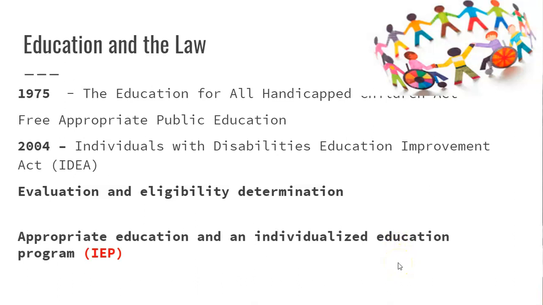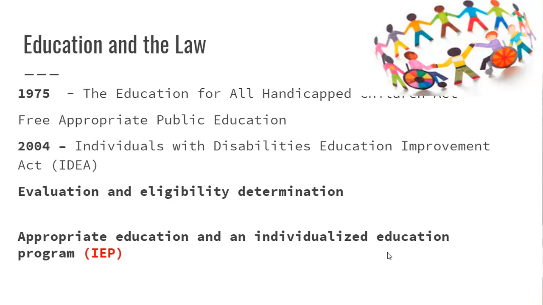Children had to be able to get a chance to be evaluated for their eligibility for different things that the school system can do for them, in order to make sure that they're getting the best education that they can.